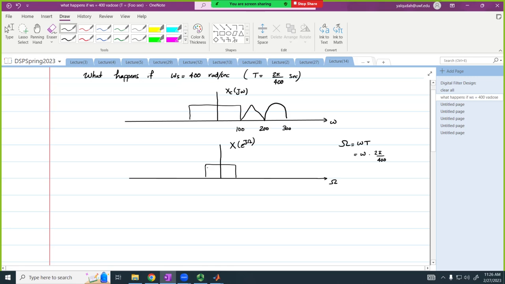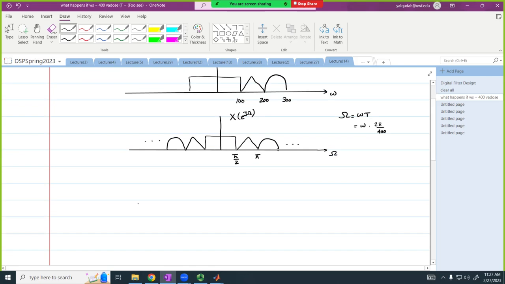I mean, the scale does not matter. So this is going to equal pi over 2. 100 multiplied by 2 pi over 400 is going to be pi over 2. And this is going to be my pi frequency. And this repeats. Keep that in mind.